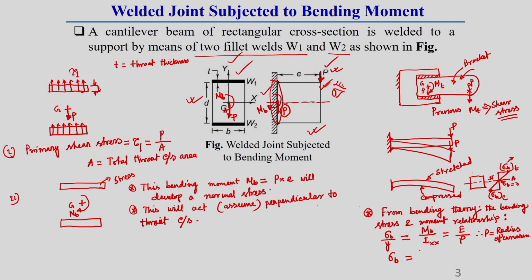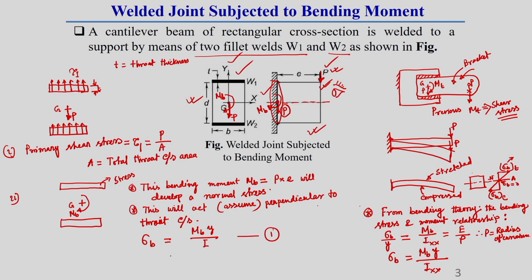This bending stress is equal to MB y by I. Here it will be I xx, this you should keep in mind. So, sigma b equal to MB y divided by I, this I am representing by equation 1.